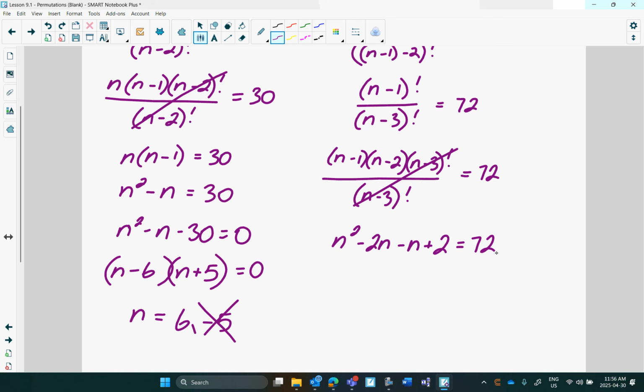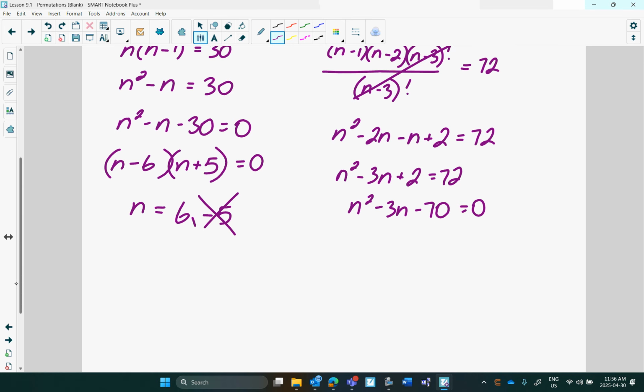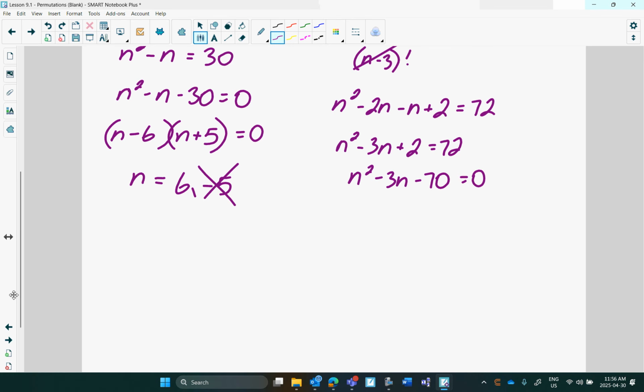Now, n squared minus 3n plus 2 equals 72. Bring the 72 over. And I get one I can factor, and this can be factored.